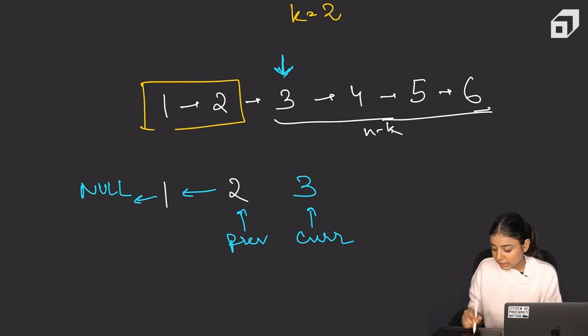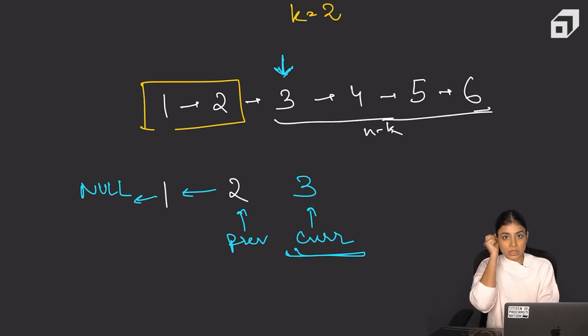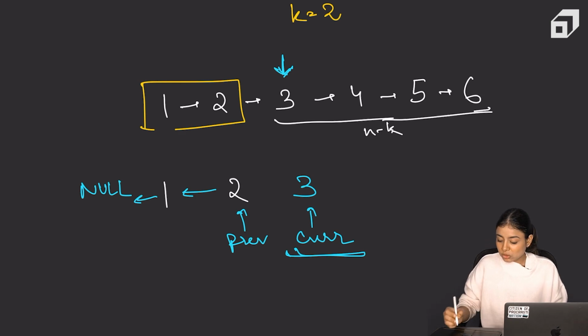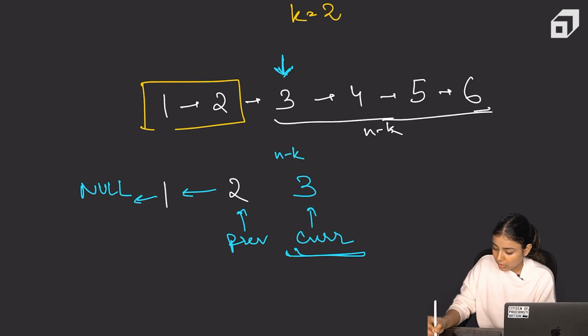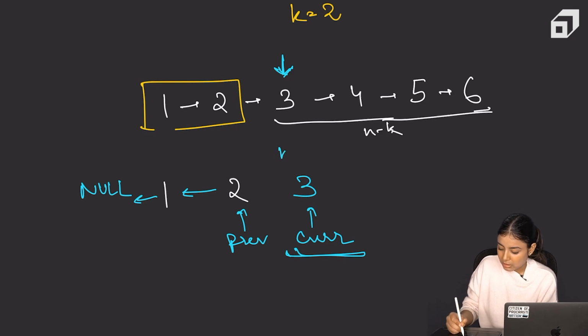And I just saw that after reversing the first 2 nodes, the current pointer would be at 3, right?